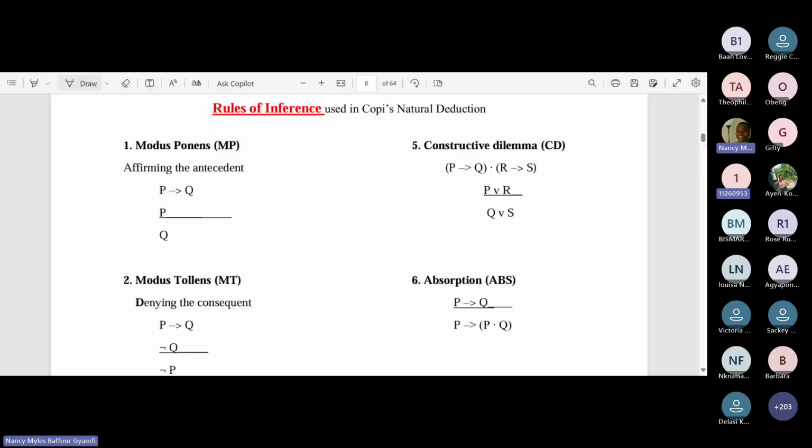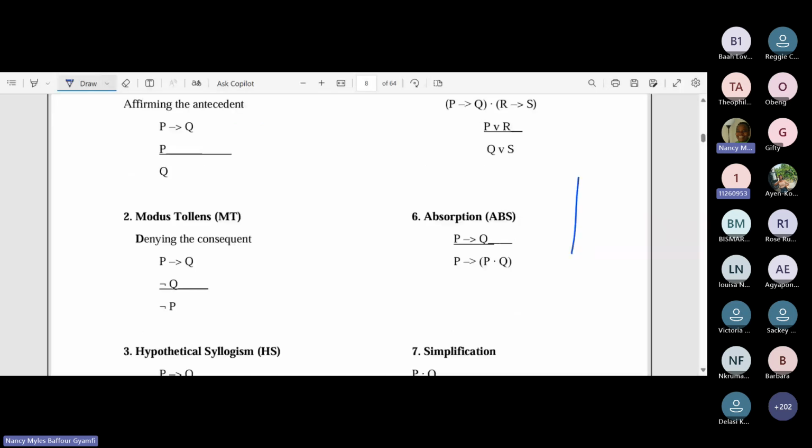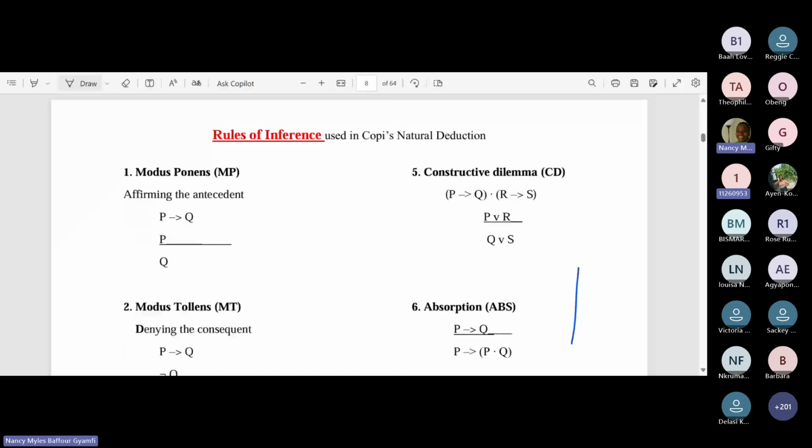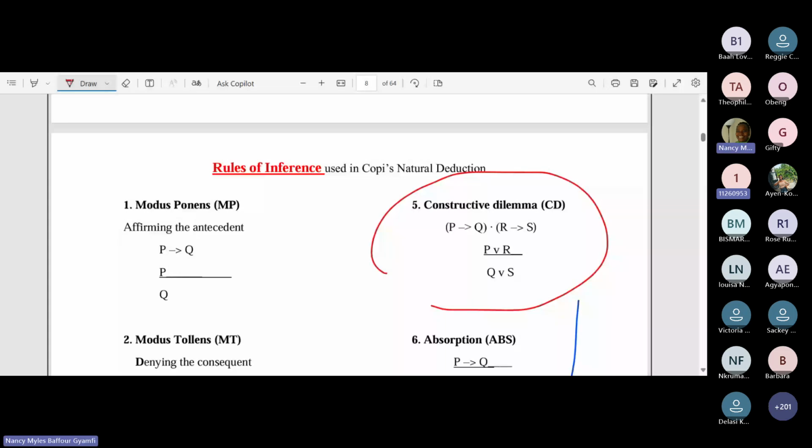Modus ponens, modus tollens, I think those ones you know very well. We revise constructive dilemma for the benefit of someone who still wants to see it. There it is on your screen. Look at it very well. This is constructive dilemma. You see, P then Q and R then S, four different variables.